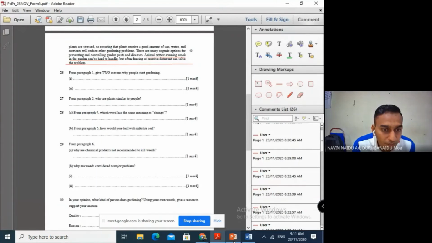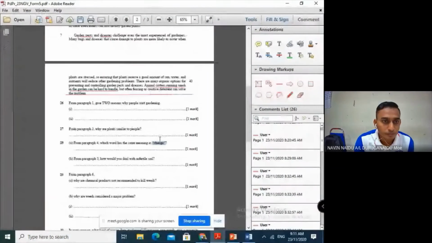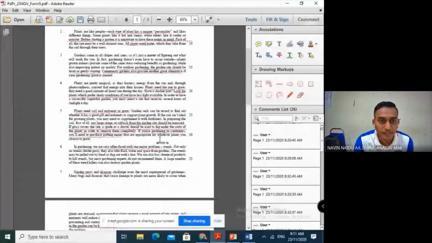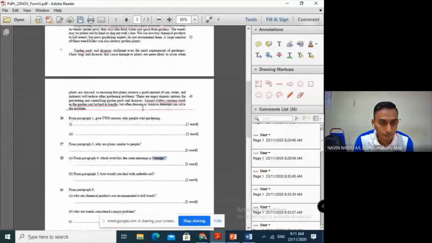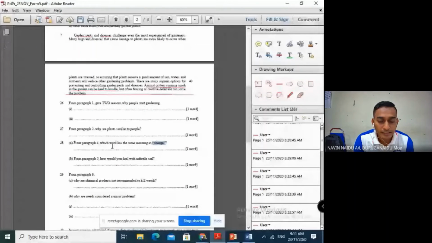From paragraph 4, which word has the same meaning as change? Paragraph 4, change. Which word carries the same meaning as change?